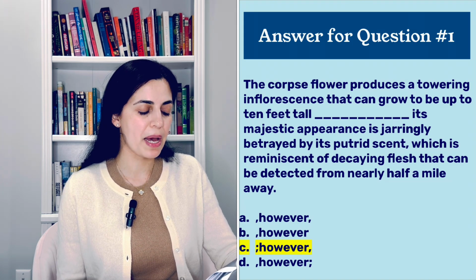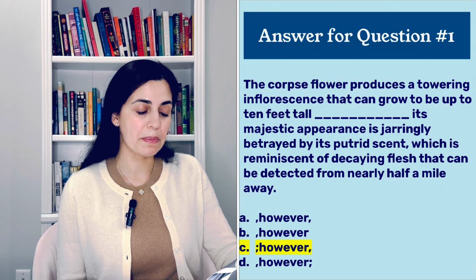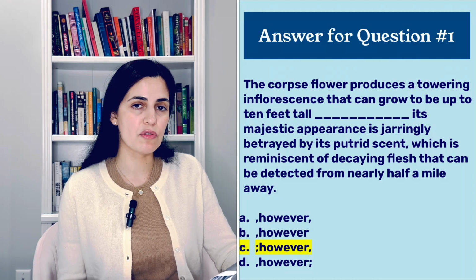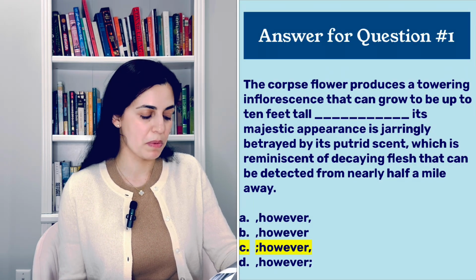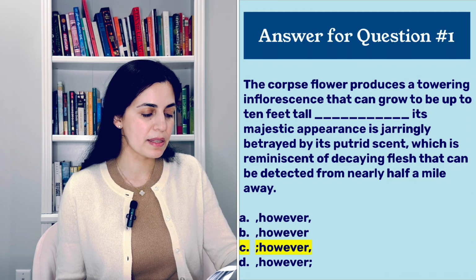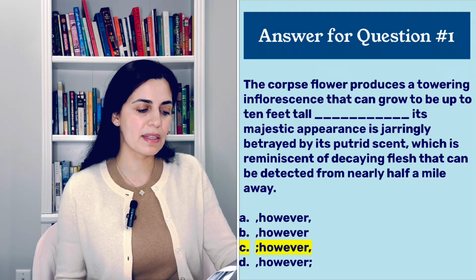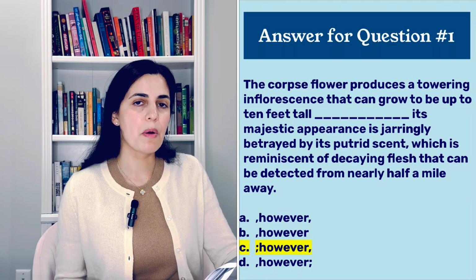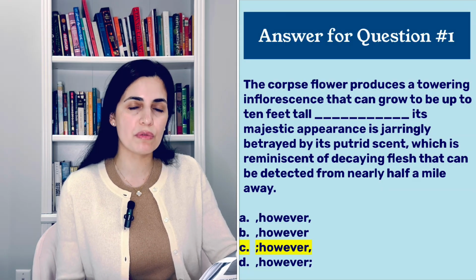You should have automatically excluded A and B once recognizing that this is joining two independent clauses, because you can't use commas to join independent clauses. The reason why D is incorrect is because with choice D, the word however is connected to the first clause, but we need it to be connected to the second one because it's the second one that's introducing the opposing idea. Let's take a look at question number 2.